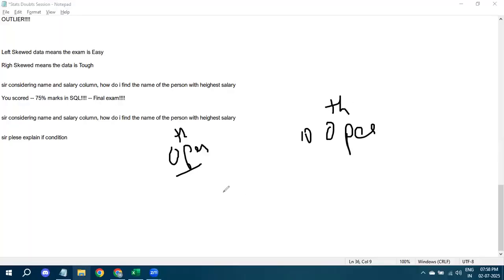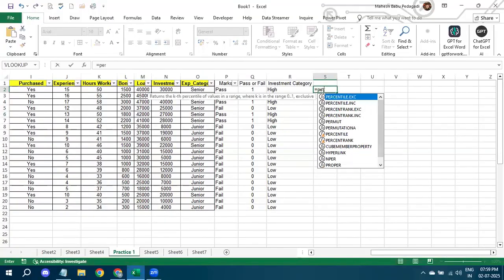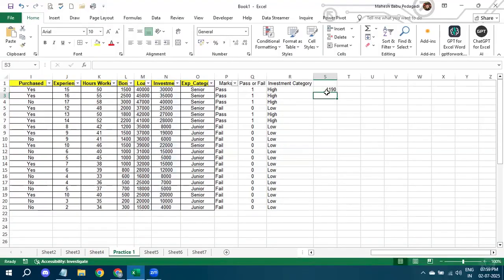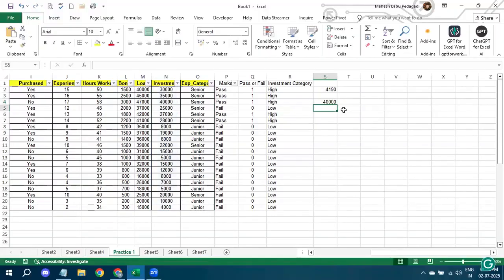By using the formula, equal to PERCENTILE.INCLUDE, with the entire range of values. For example, I say the investment column, comma, let's say 0.01, which is nothing but 1%. This will be the minimum value. For the maximum value, equal to PERCENTILE.INCLUDE, the entire range of values, comma 1 is the maximum value. This is the minimum, this is the maximum value.